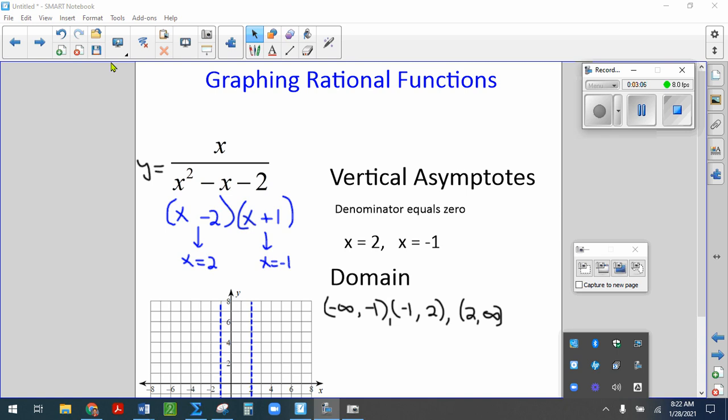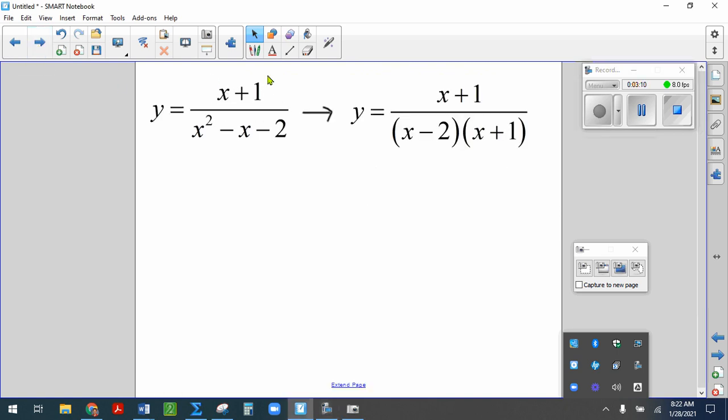So if we have a hole in the graph, it'll look like this, almost the exact same function, but this time I have an x plus 1 on top. So it's a different function, but just slightly. We had an x, now we have an x plus 1 on top. When I factor the denominator, I can see that these x plus 1 factors will cancel.